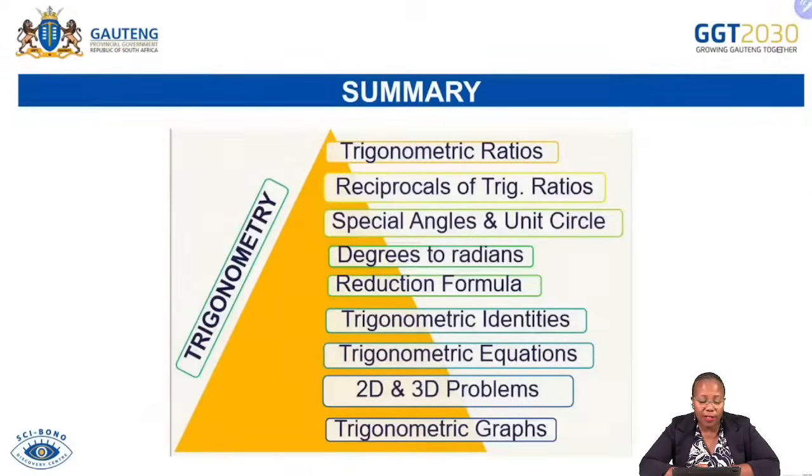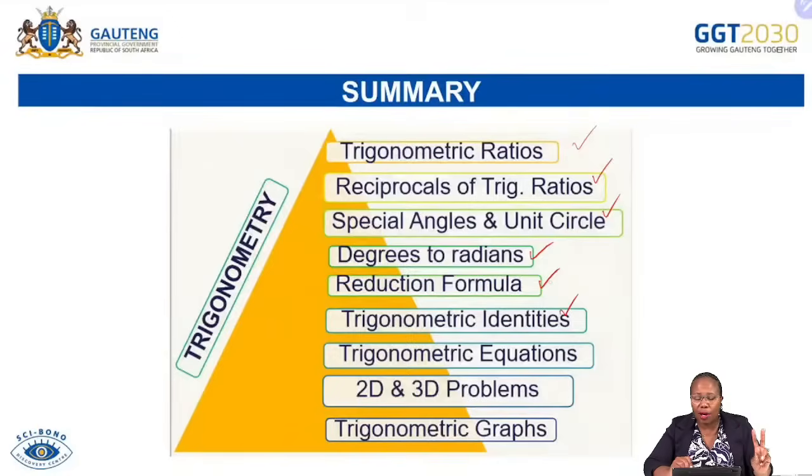And then now on the summary of everything that you have done under trigonometry, you must know your trig ratios, you must know your reciprocals, you must know special angles and the unit circle, you must know how to change degrees to radians, radians to degrees, you must know how to apply your reduction formula 180 plus minus and 360 plus minus. For reduction, we are only using those two.